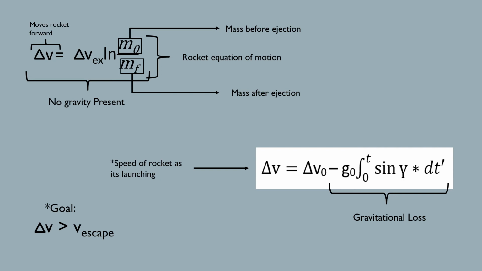So the difference in these two equations is that the first equation, the rocket equation of motion, has no gravity present in it. But the second one has the gravitational loss. And if you didn't know, gravity is equal to 9.8 meters per second squared.